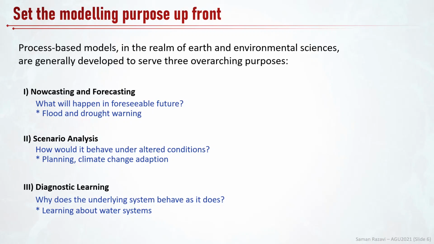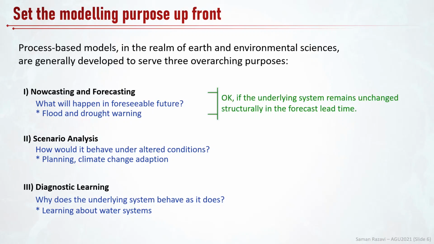So, how would typical deep learning or machine learning in general do with respect to each of these modeling purposes? Machine learning is expected to perform well in nowcasting and forecasting, particularly when the underlying real-world system remains structurally unchanged in the forecasting horizon of interest.